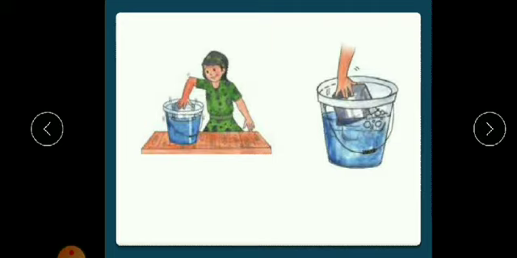If we observe carefully, we see that the bubbles rise at once to the top. From this, we can understand that air is lighter than water. When the container was tilted, the air escaped out.